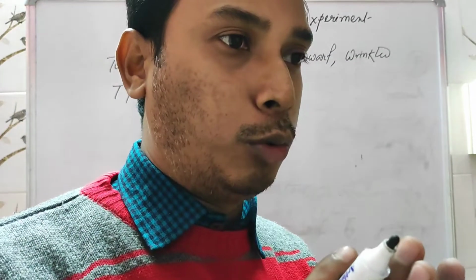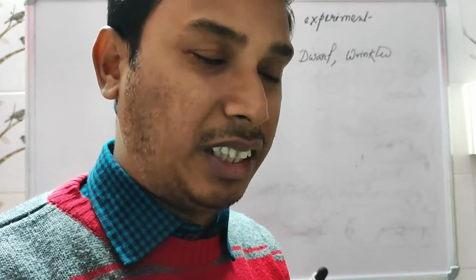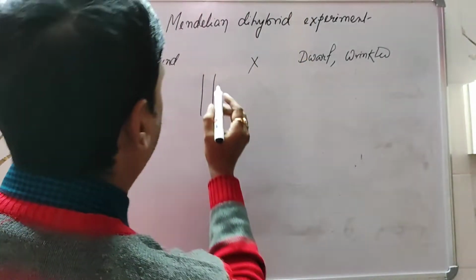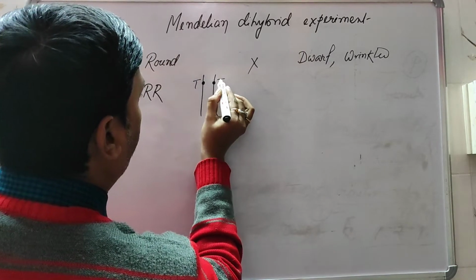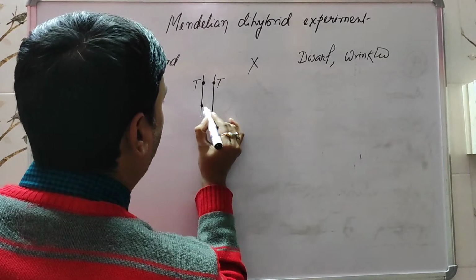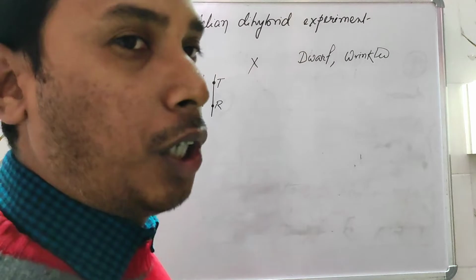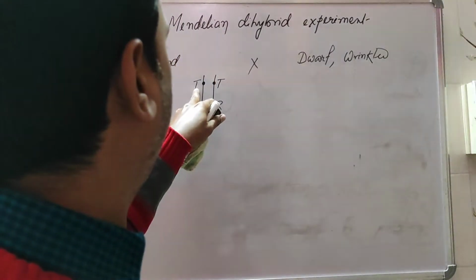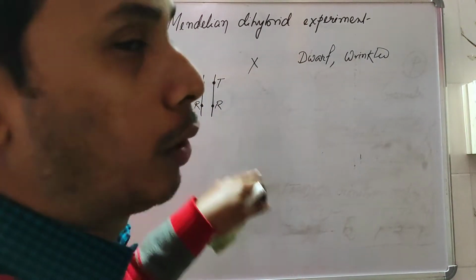That means two sets of chromosomes are present, and at a particular locus the alleles are present, which control the same kind of character. Suppose this particular portion regulates the height of the pea plant, and this particular locus is for the genes controlling the shape of the seed. So here capital T, and here capital R, I have written.